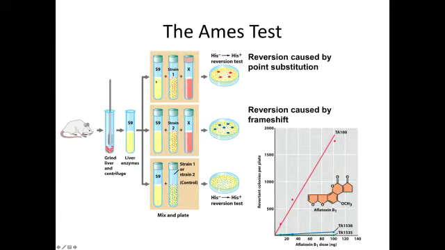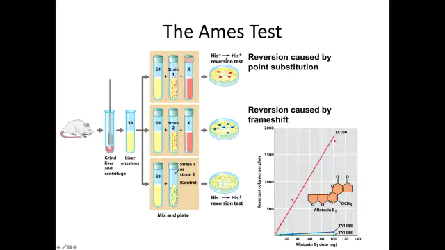Now, in addition to the liver enzyme extract, you also have a strain of bacteria, and what you're going to do is determine if the compound that you have mixed with these enzymes, which then breaks it down into many different other components, when added to a strain of bacteria that in this particular case is His minus, which means that it's unable to grow on media that lack histidine, has the capacity to cause reversions.